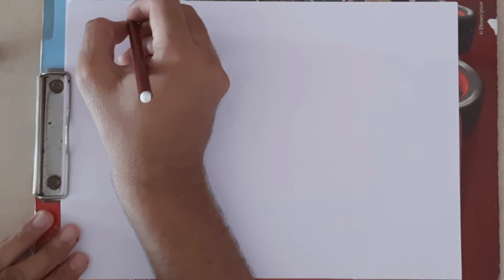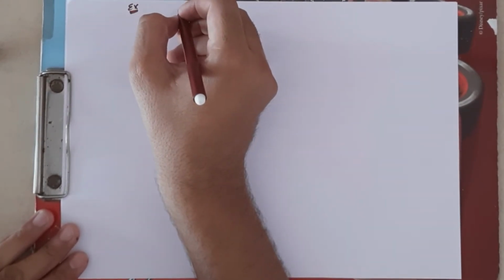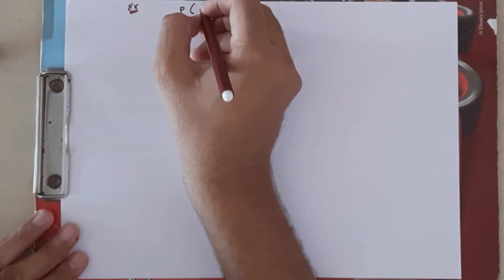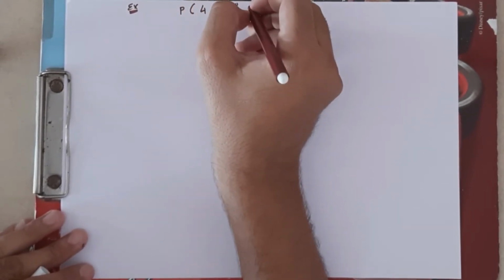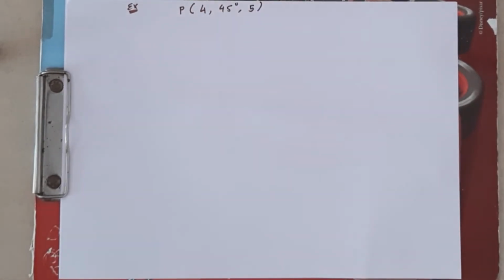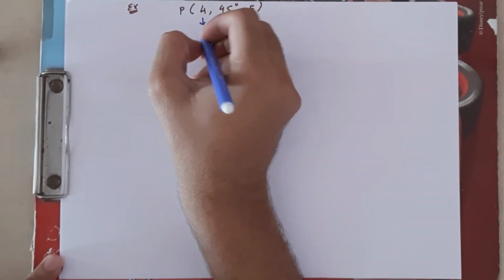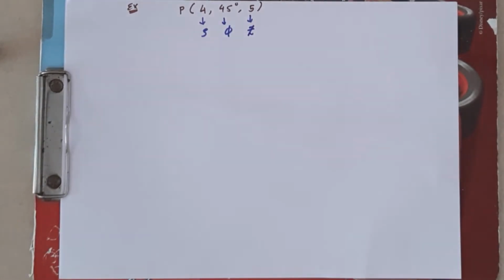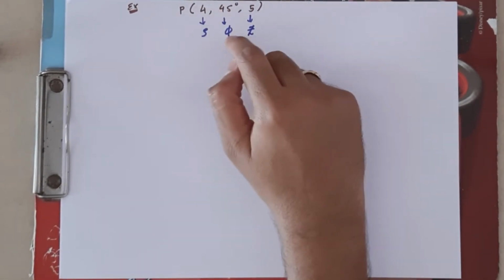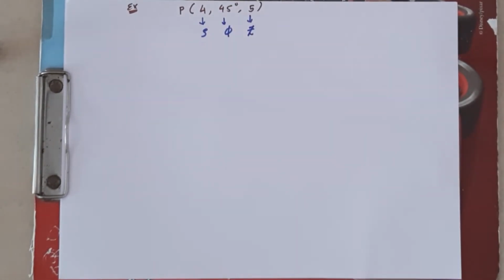For example, locate the point P with value 4, 45 degree and 5. So rho is 4, phi is 45 degree, and z is 5. Locate this point in the cylindrical coordinate system.